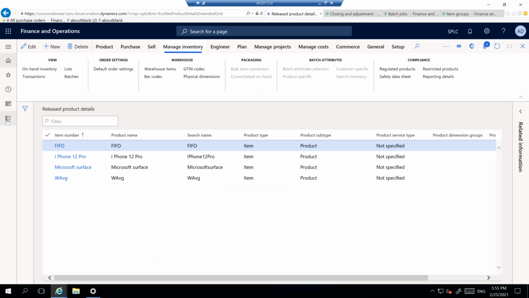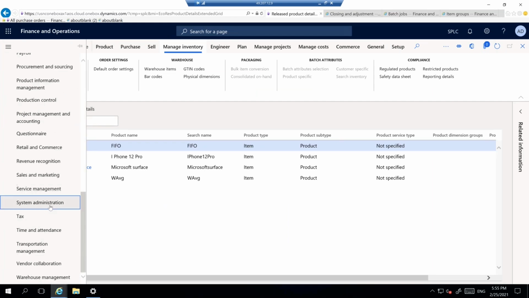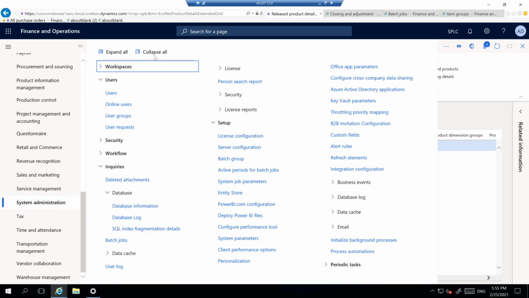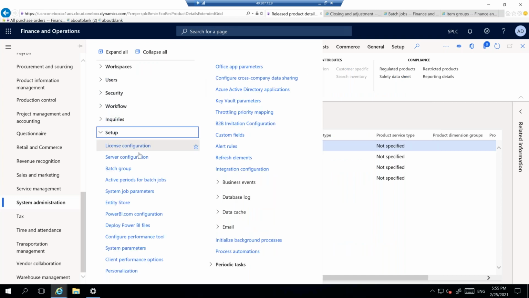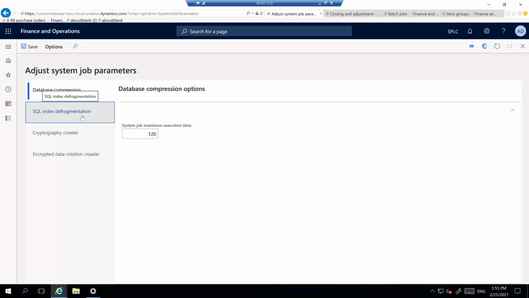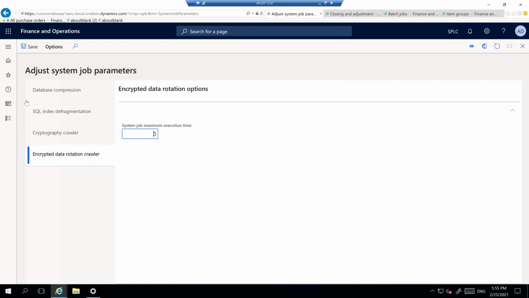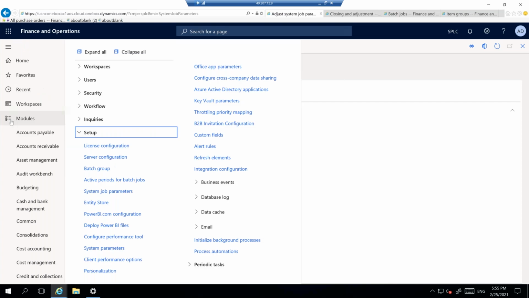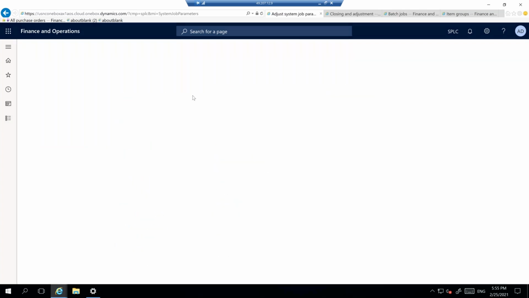Let me check the company time zone or system time zone. System administration, Setup, System parameters. What is the time zone here? Otherwise, user options.